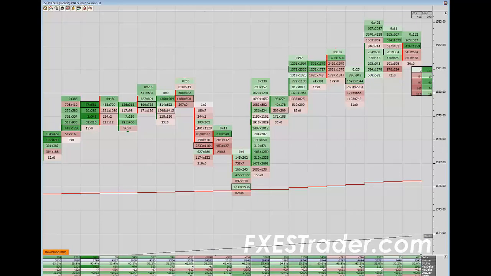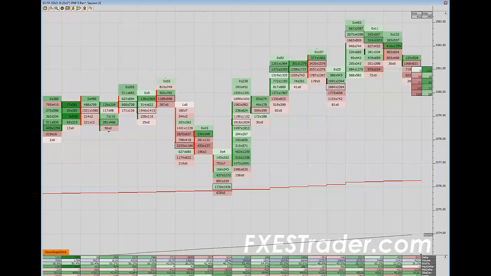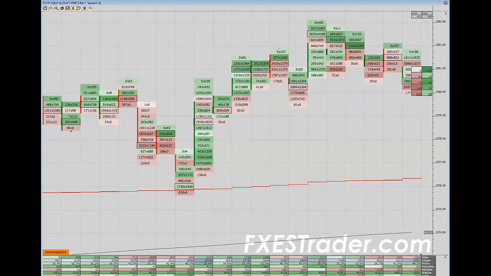Okay, so nothing going off, just kind of some chop, and not really showing us a lot of aggressive buying or selling in any one particular direction by any of the other time frame players looking for a breakout.